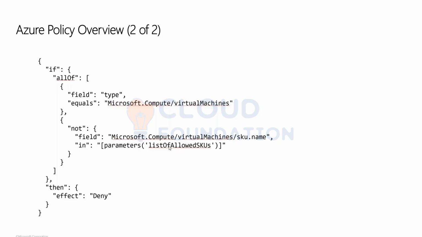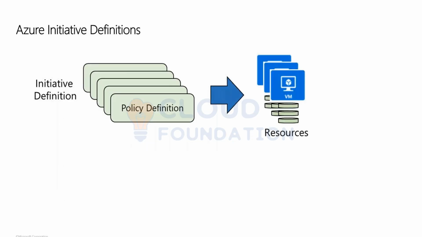Only SKUs which are part of the list will be allowed over here. Now, whatever I am talking about, there could be a number of resources over here. There could be a number of such policies here.